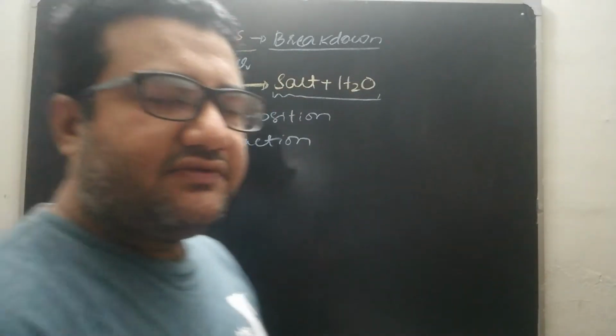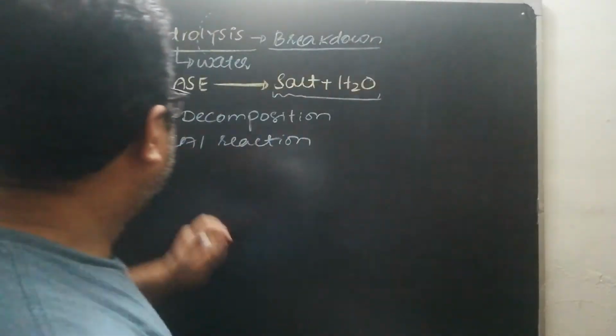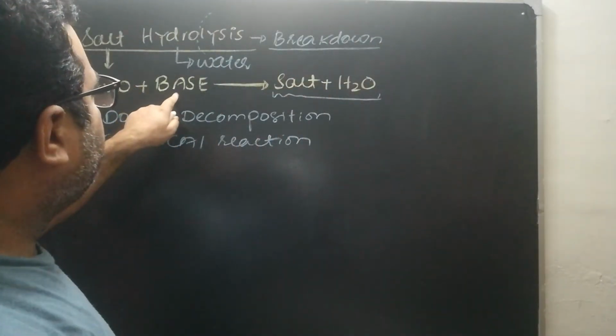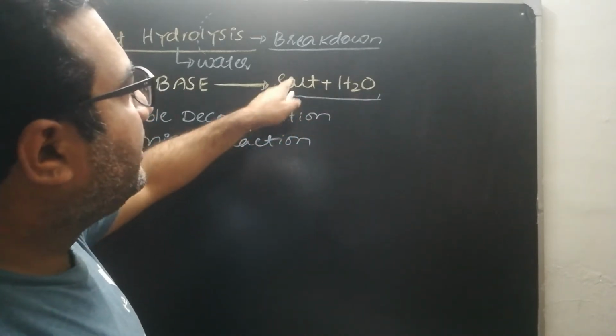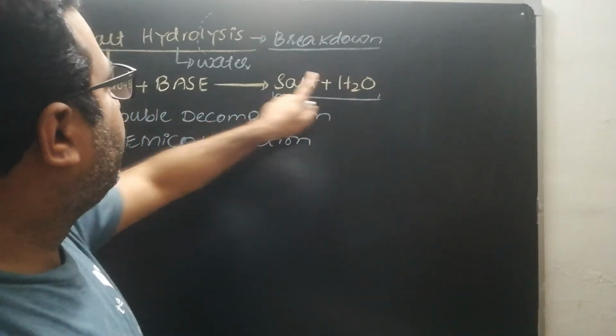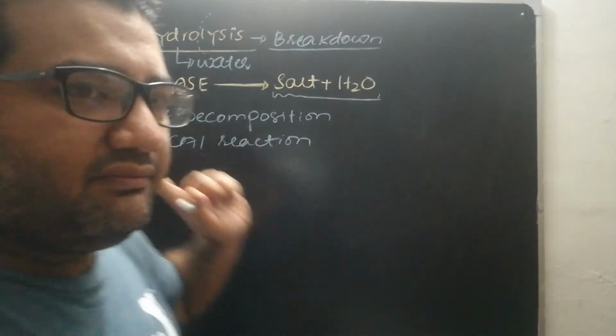Now imagine, it is very simple to understand that when acid and base react together, they form salt and water. So when a salt is reacted with water, it will again produce some acid and base.